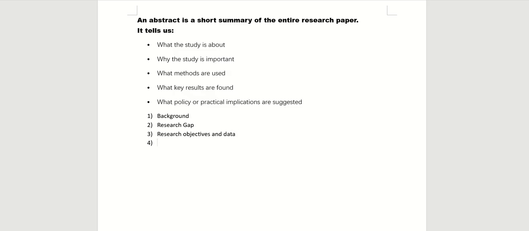The fourth one is methodology. The fifth one is key results. The sixth and last one is policy implications. If you follow this order, abstract reading becomes easy and logical.